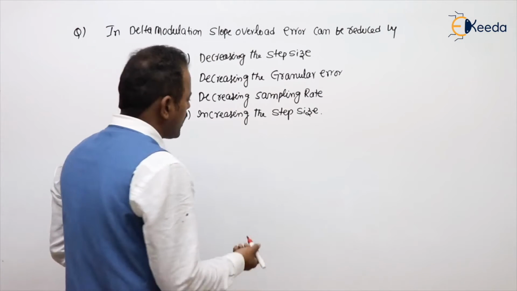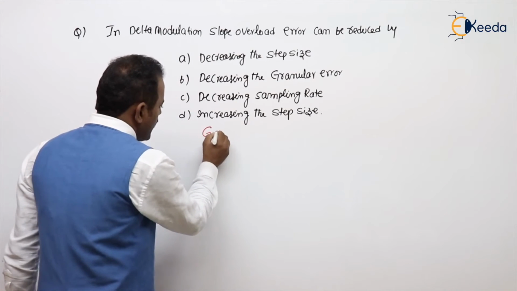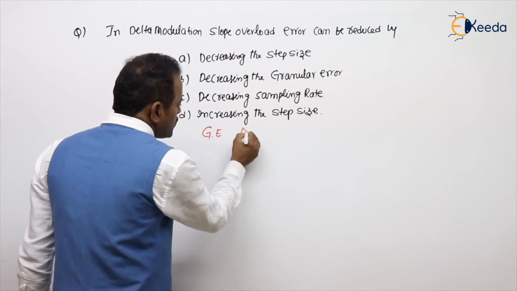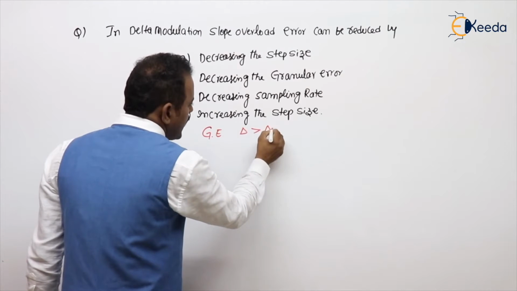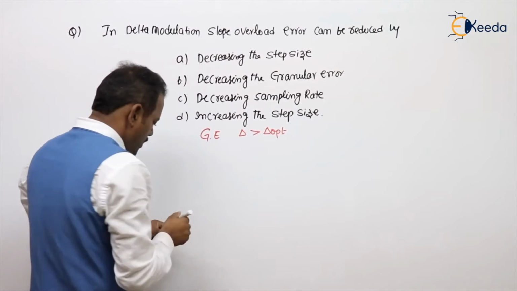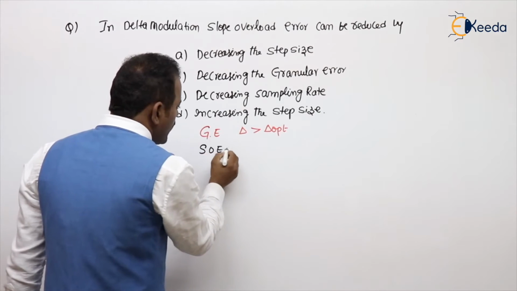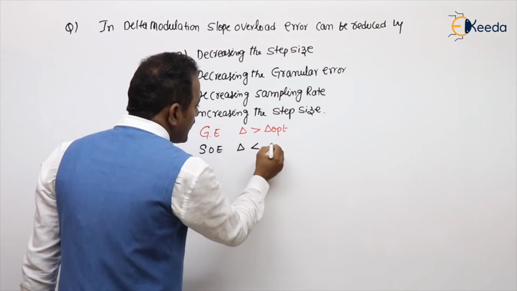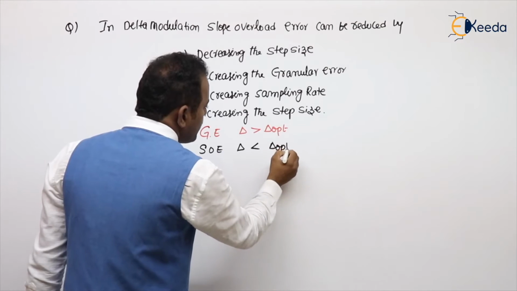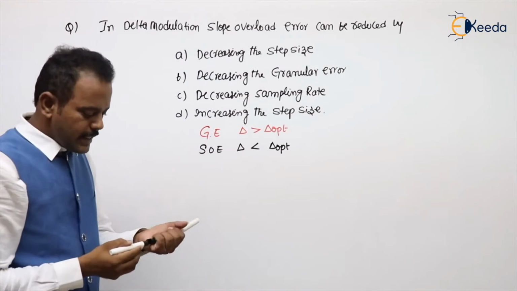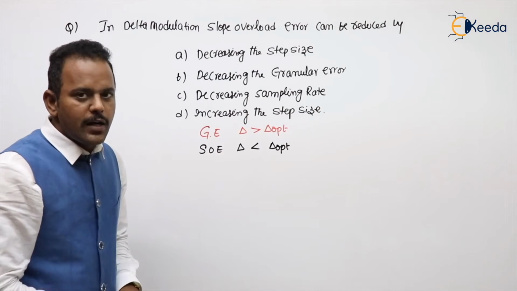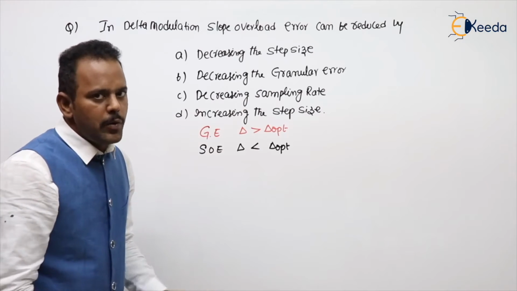You will get the granular error whenever the chosen value is greater than optimum. You will get the slope overload error if you choose the delta value less than the optimum. So, as I told, if it is equal to optimum, there is no error.